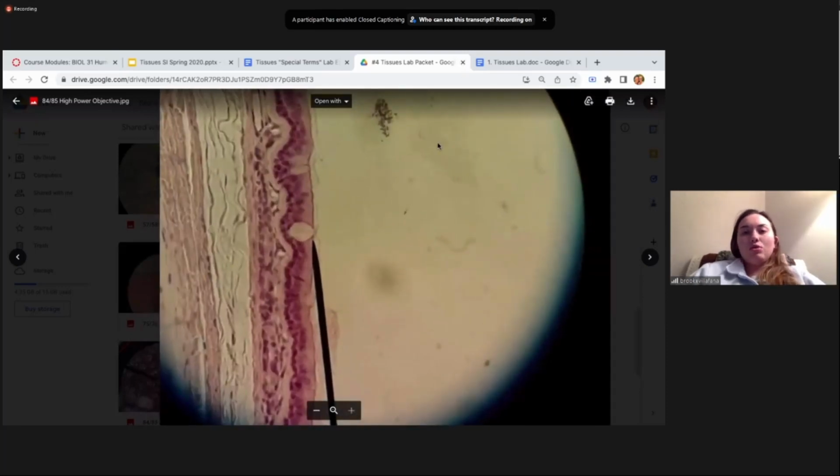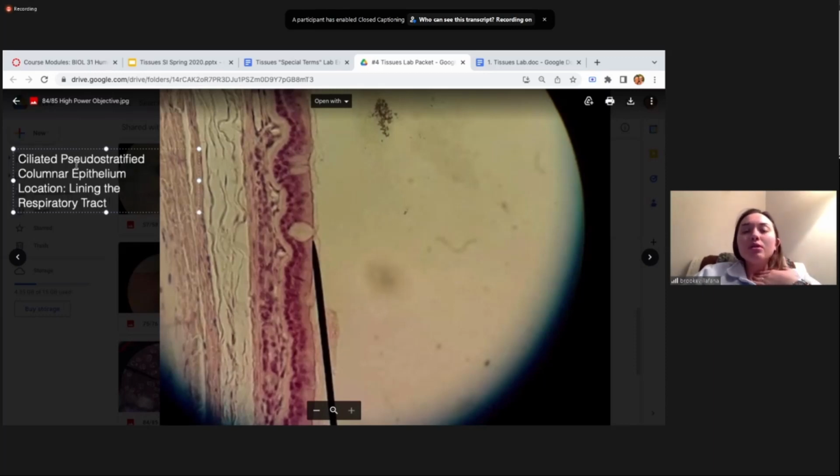Ciliated pseudostratified columnar epithelium, you only ever see one layer. And that has to do with the location. Ciliated pseudostratified columnar epithelium, the location is lining the respiratory tract. So this is in your throat right now.